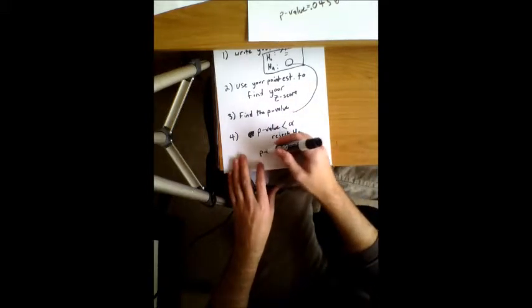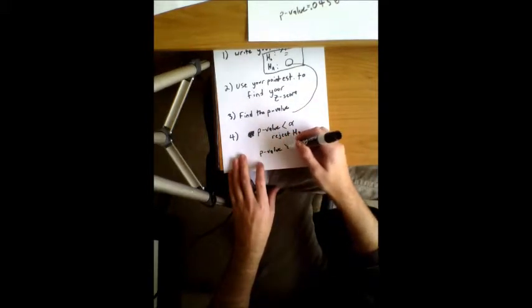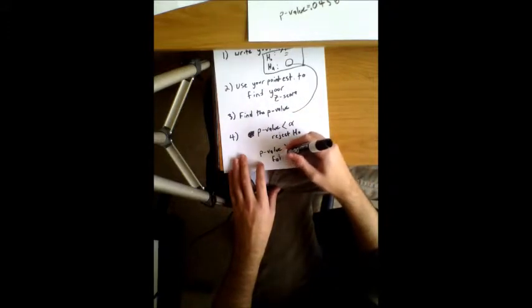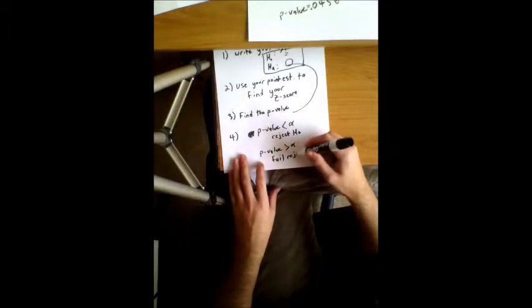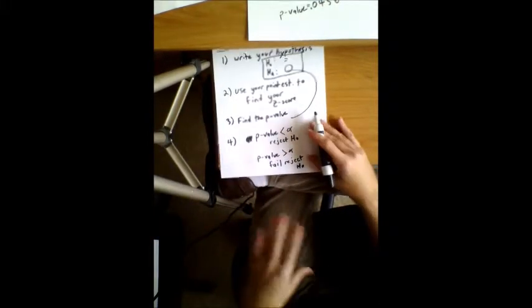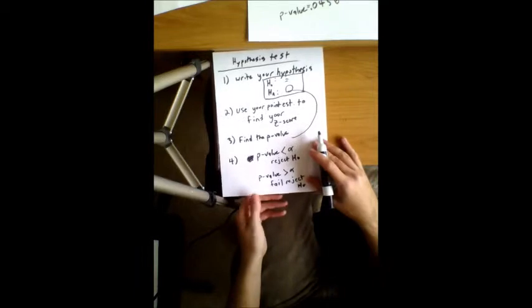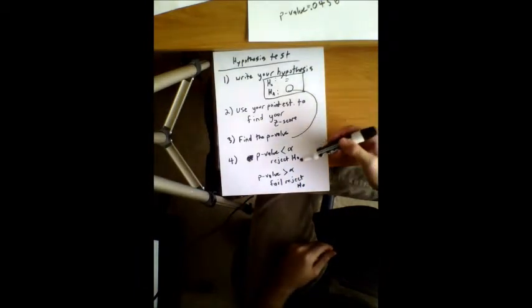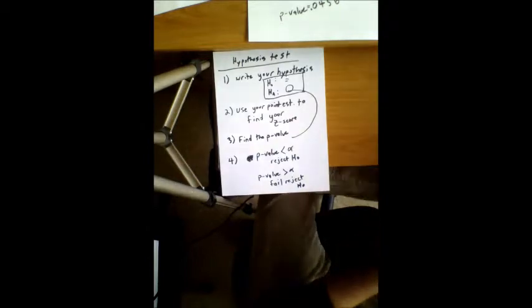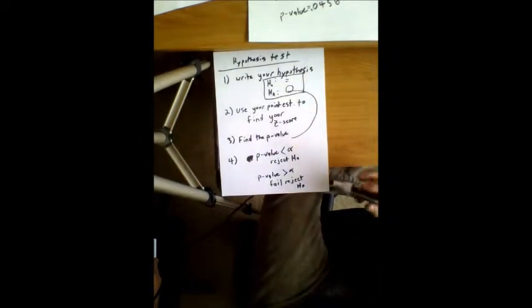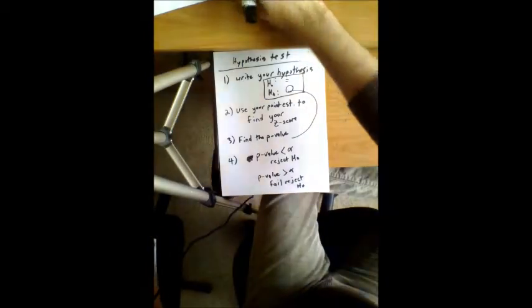If our p-value is big, bigger than alpha, we fail to reject HO. And maybe lastly, we should summarize in English what our findings are. But these are the steps that we'll actually walk through during our hypothesis testing.